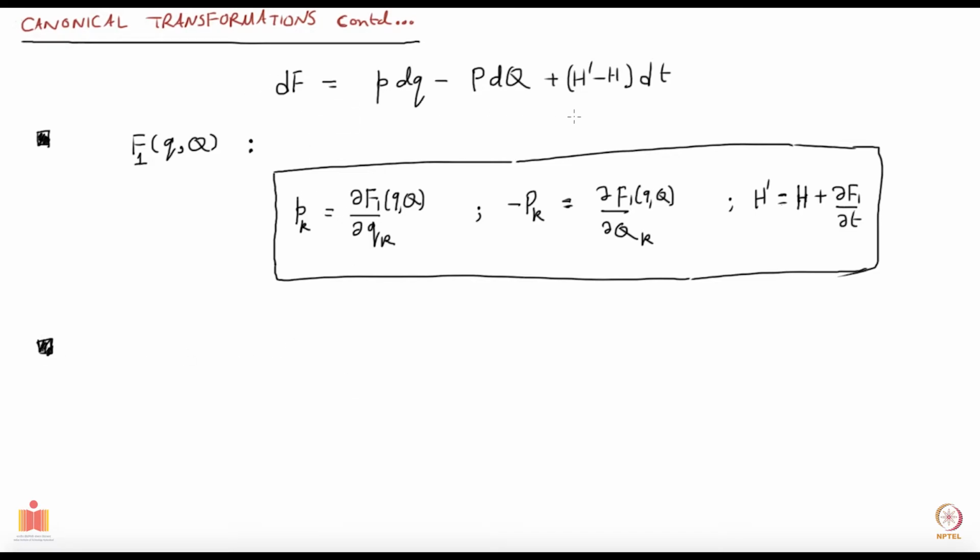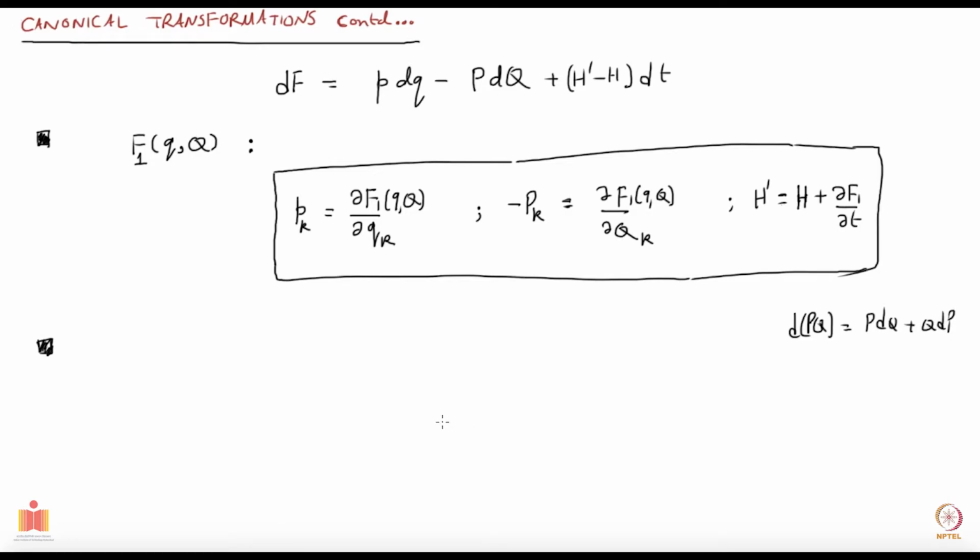So let's start again with this expression of the generating function, and now I will take this term p dq, and instead of having a differential dq, I will turn it into a differential of dp. All you need to use is that a differential of p times q will be p dq plus q dp.